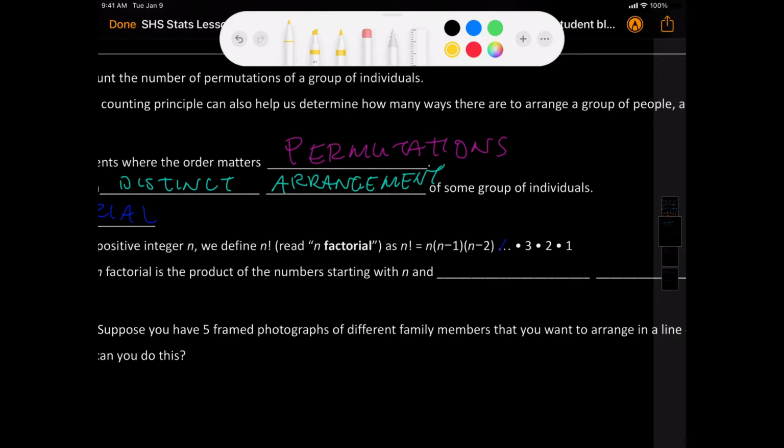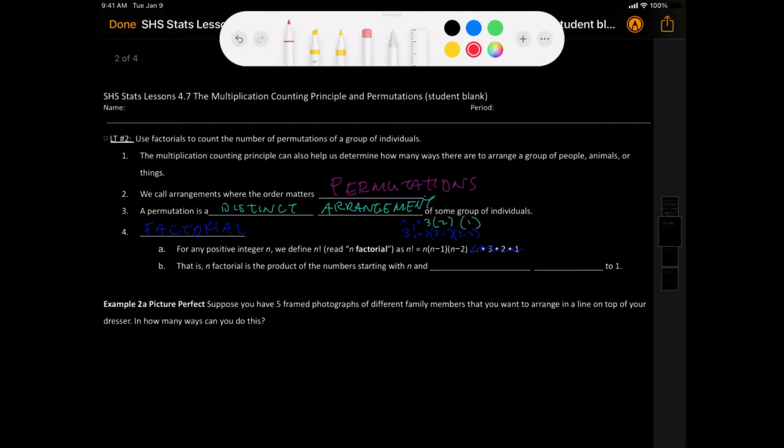So for example, if you have 3 factorial, n is equal to 3, so you would just do 3 minus 1, 3 minus 2, and then you would basically get 3 times 2 times 1. That is, n factorial is a product of numbers starting with n and going down.